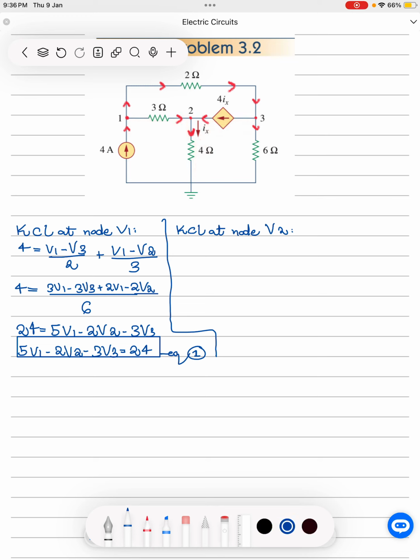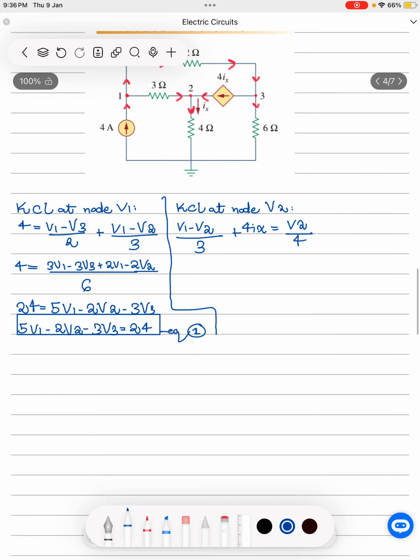So the current entering node V2 would be (V1 minus V2) by 3 and 4Ix, and then the current leaving would be V2 by 4.